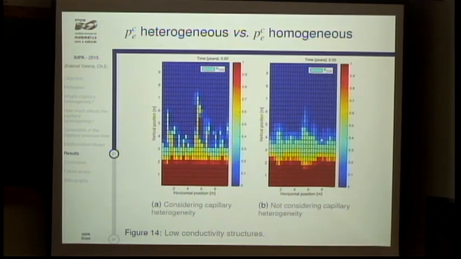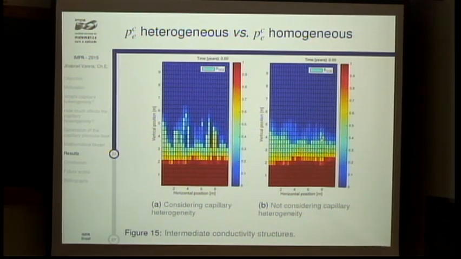So this is for the low conductivity structures. This is for the intermediate conductivity structures. Here we are supposed to have a flow that is somehow enhanced for the greater permeability values, but lower entry pressure.